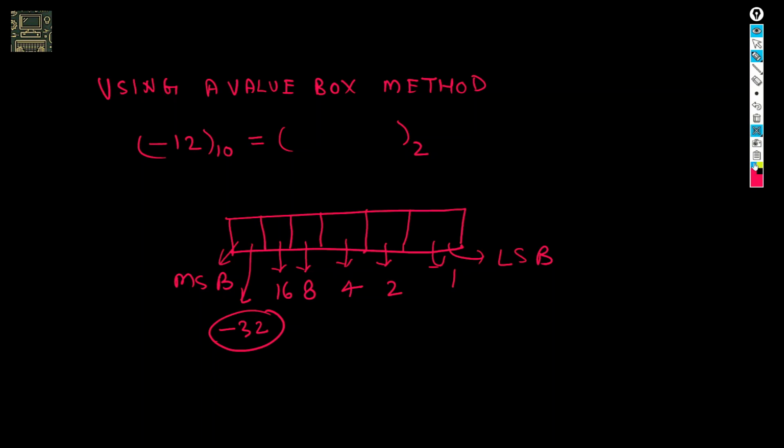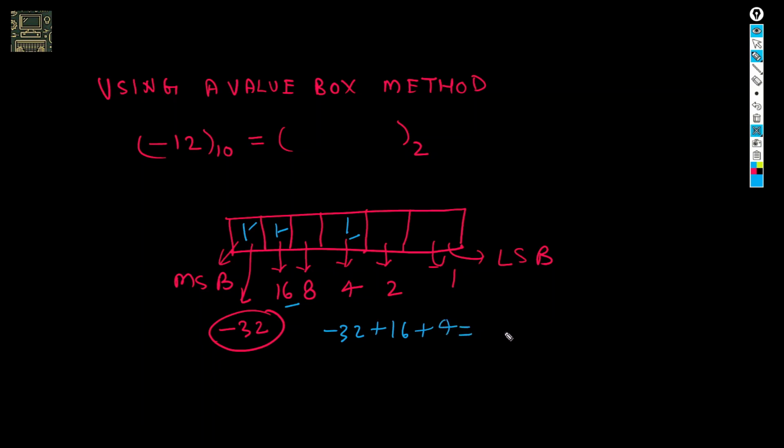So how to represent this minus 12 here? If I write 1 here, it means that the weightage will be minus 32, so I need to add plus 20 to get minus 12. How can I get plus 20? If I have 1 here and 1 here, this bit gives me the weightage minus 32, this bit gives me plus 16, and this bit gives me plus 4.